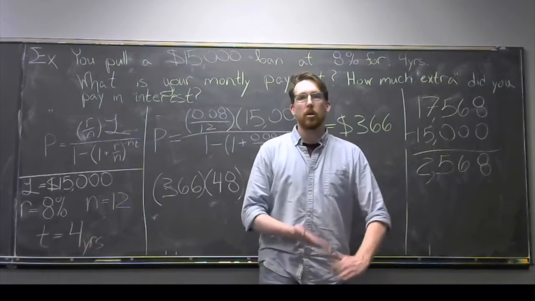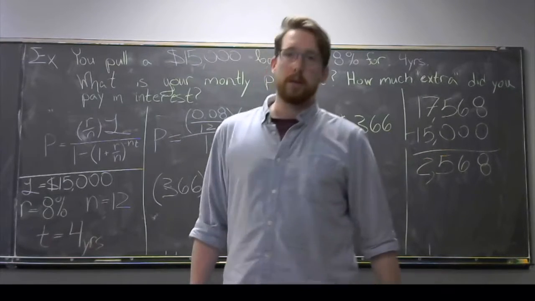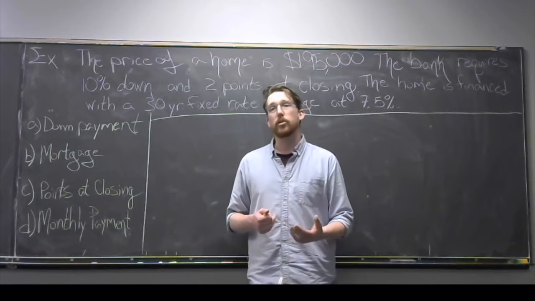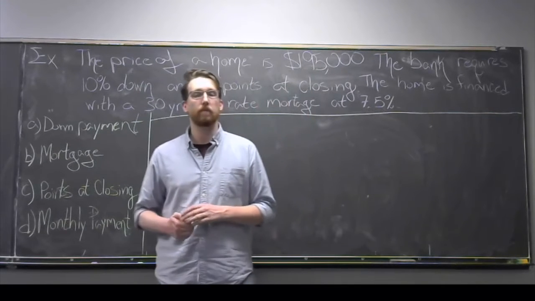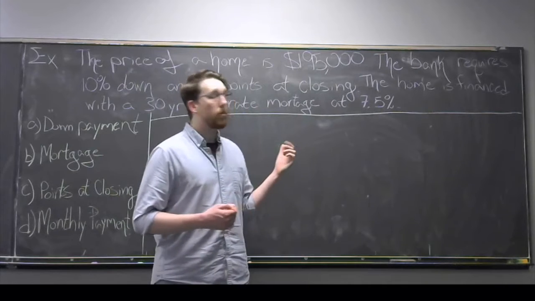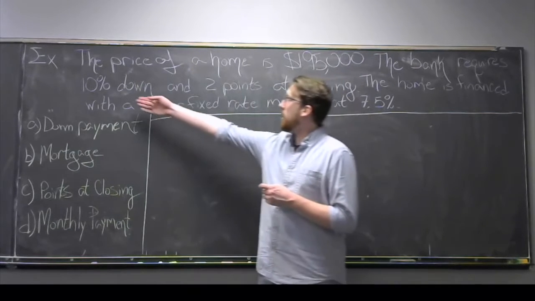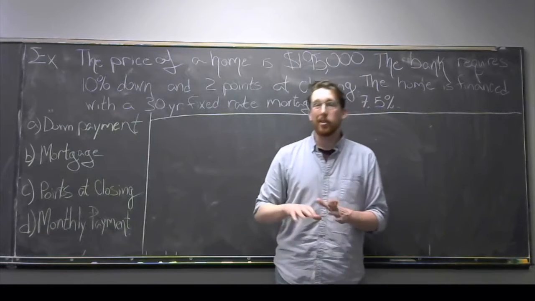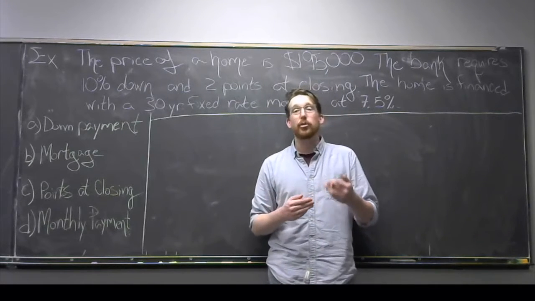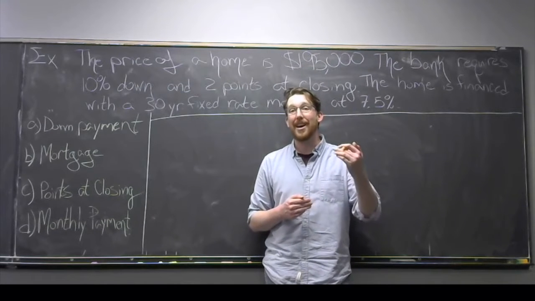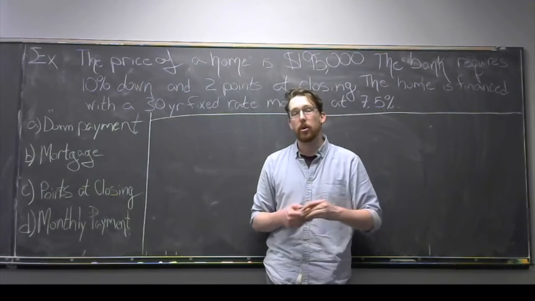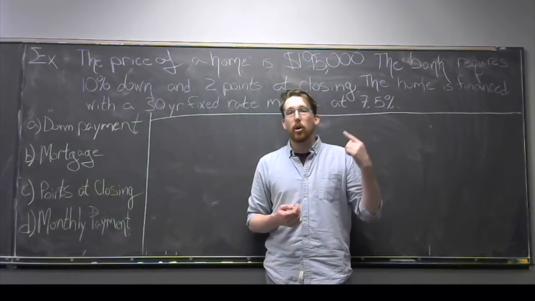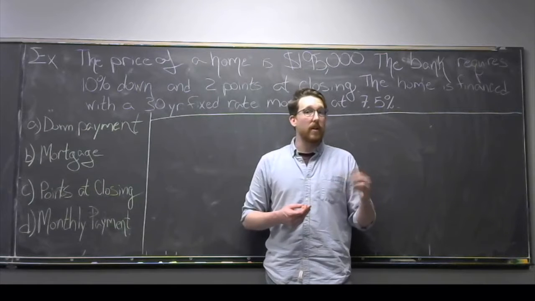Cool. Let's look at homes. Before we jump into this problem behind me, there are a couple of things I think I should explain first about buying a home. The first thing you should know is what a down payment is. A down payment is something that buyers are usually contractually required to put ahead of the loan. So using this example, we're going to go buy a house for $195,000.